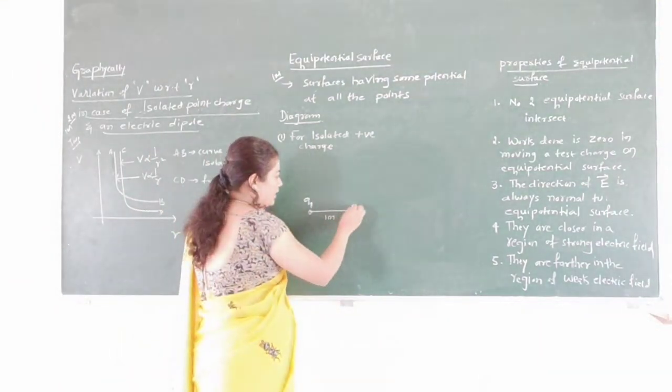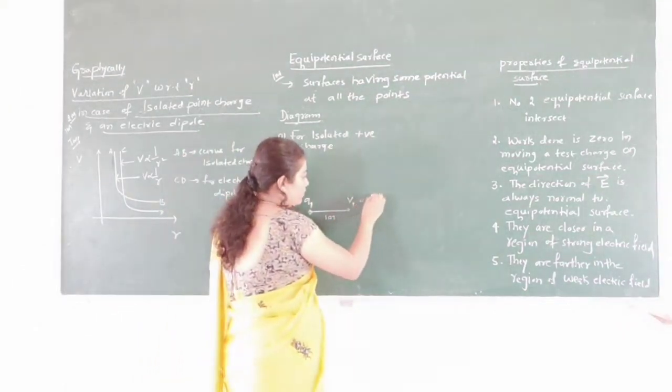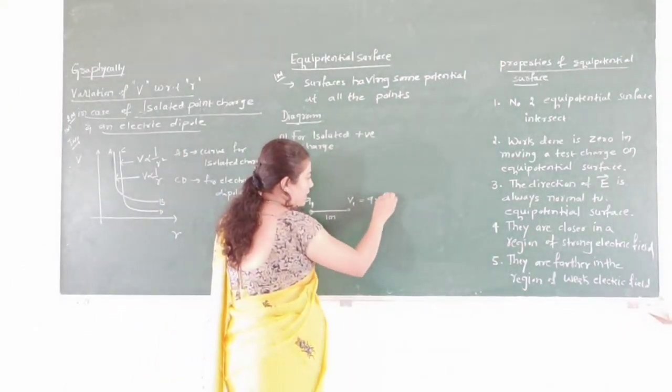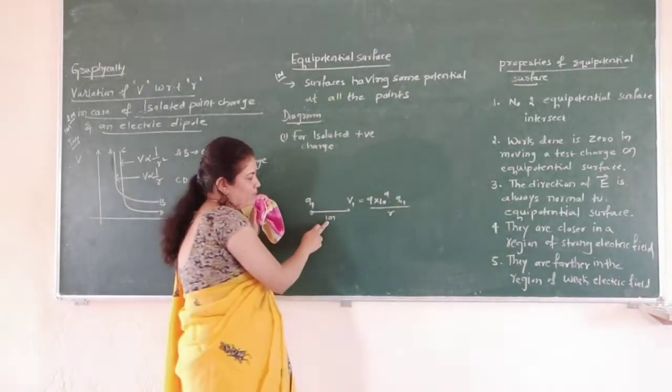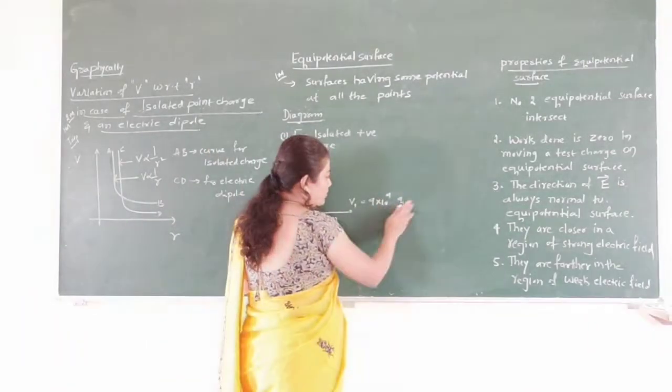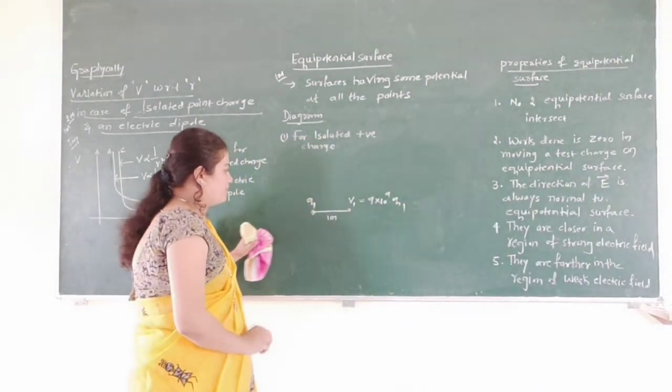Here I write V1. V1 equal to 9 into 10 to the power 9, Q1 divided by R. R is how much? 1 meter. So it is 9 into 10 to the power 9 into Q1.